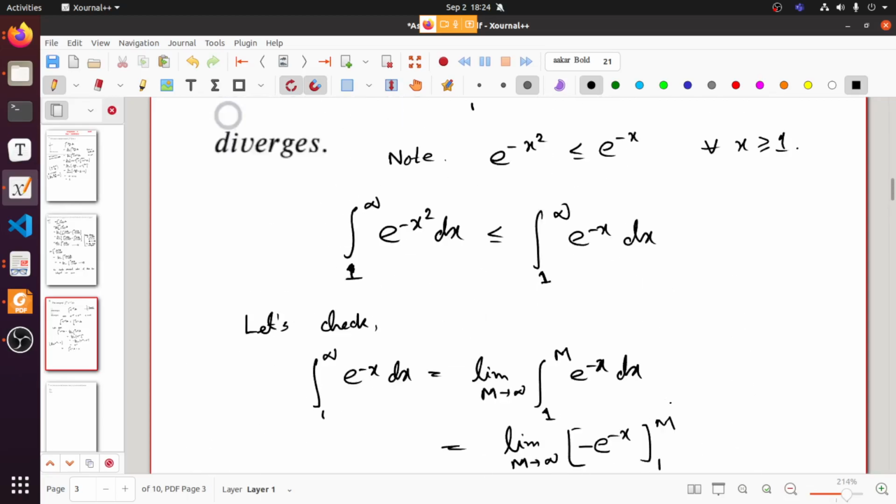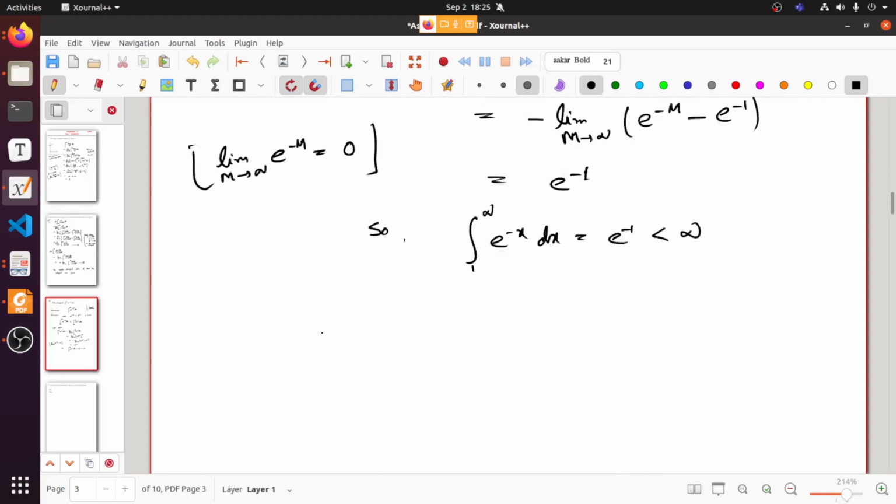So by comparison test, this other integral is also finite, which implies integral 1 to infinity e to the power minus x square dx is also finite, meaning this integral converges.